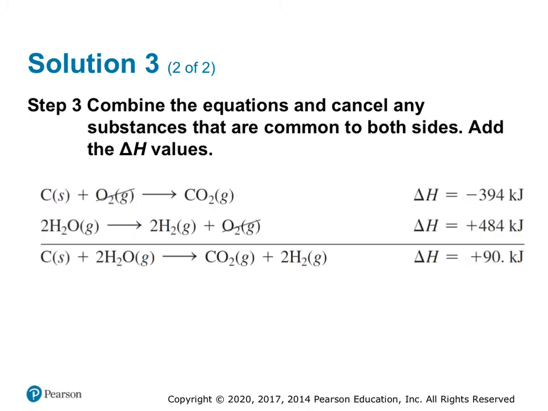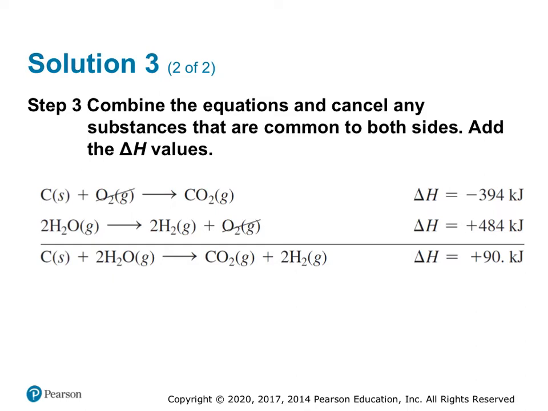Then you're going to take your two equations. Here we have equation 1. We left it the same way, and it's delta H. And then we took equation 2 and we reversed it, flipped reactants and products, and we flipped the sign.